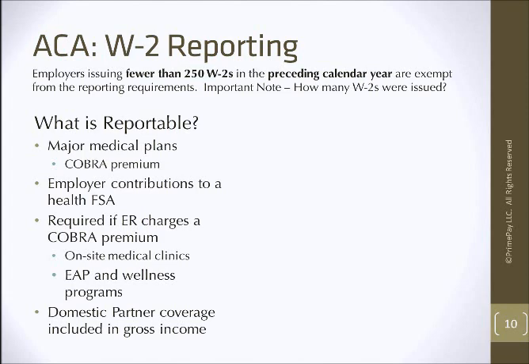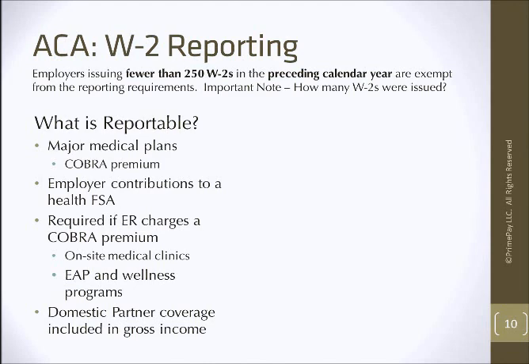What you need to be concerned about is how many W-2s they really issue. You could have an employer with 175 employees today, but due to their line of business, turnover, what have you, they could well have issued more than 260 W-2s in the preceding year.